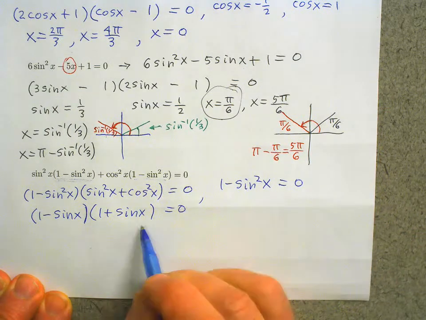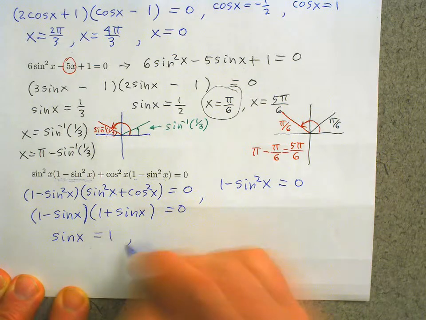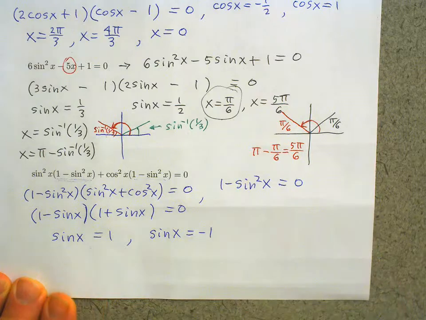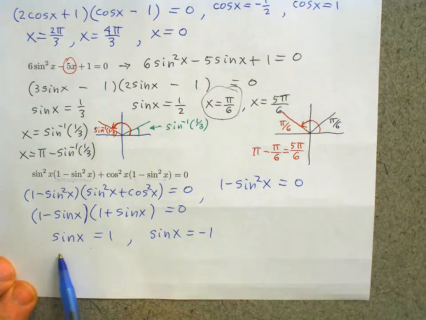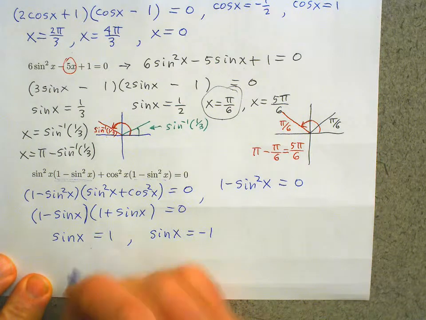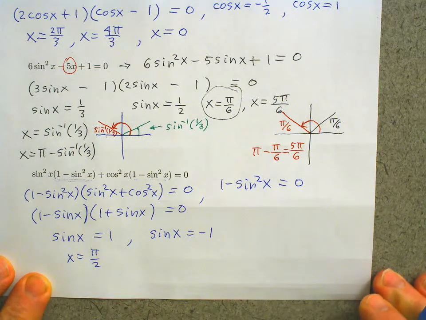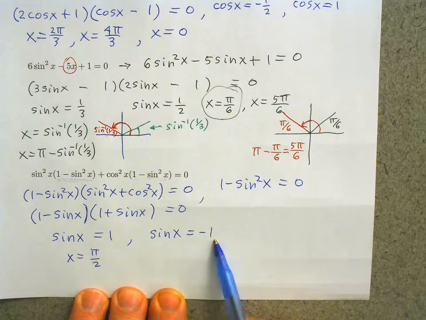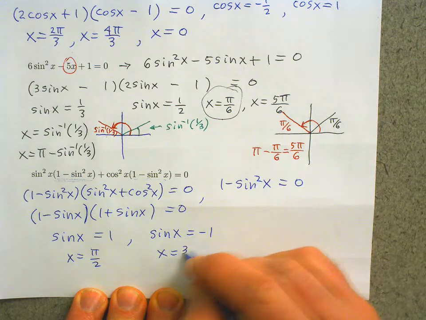Set each factor equal to 0, we get sine of x equals 1 and sine of x equals negative 1. Between 0 and 2 pi, sine of x equals 1 only has one solution. It's x equals pi over 2. And also between 0 and 2 pi, sine of x equals negative 1 only has one solution. It's x equals 3 pi over 2.